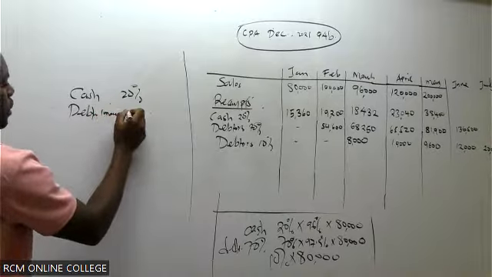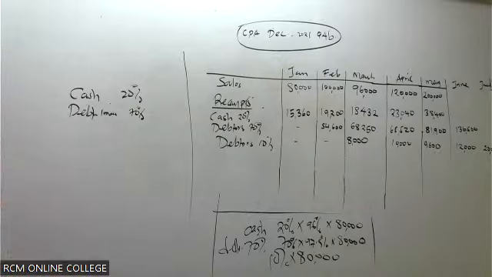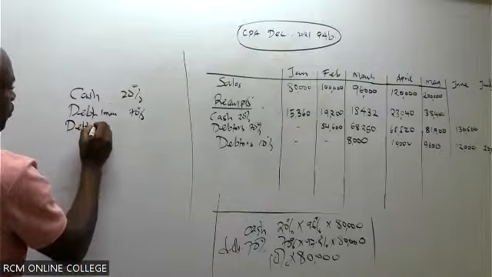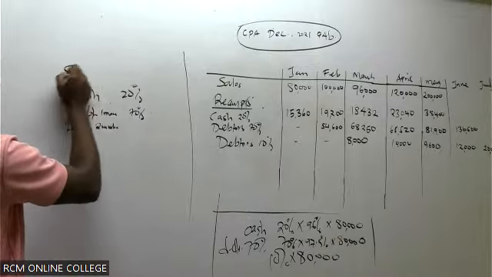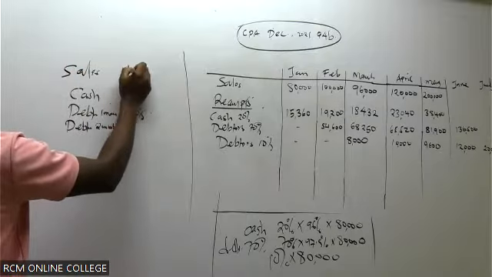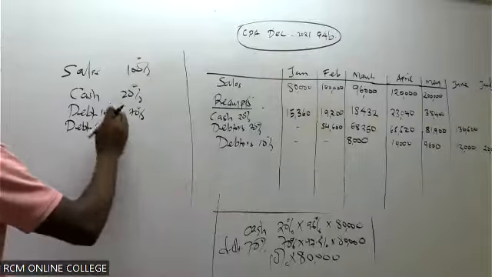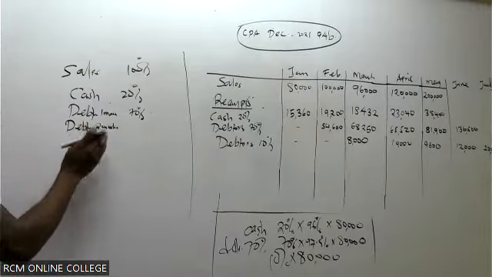Alafu sasa tumebaki na group ingine wanalipa 2 month installment. Debtors 2 month installment. Your sales hapa ni 100%. Umetoa 20% wamelipa cash. 70% wamelipa after 1 month. The remaining percentage wanalipa after 2 months.